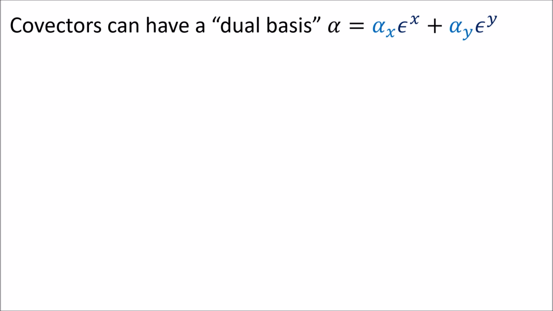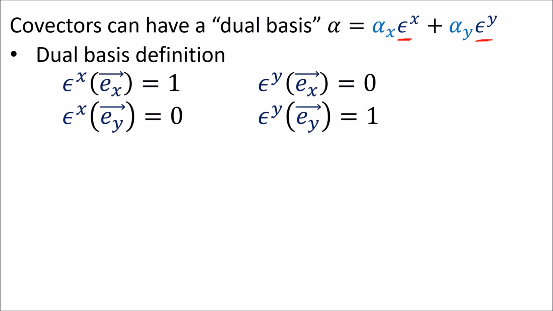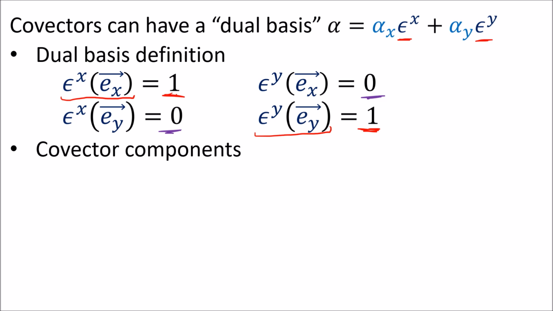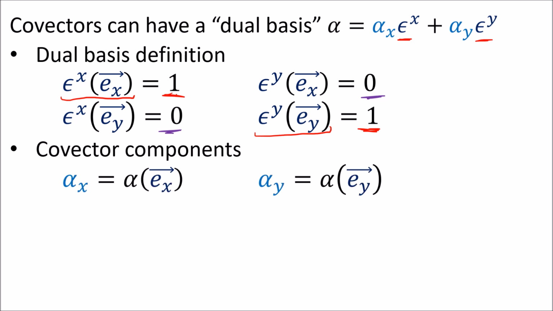Also, for any vector basis Ex and Ey, covectors have a dual basis given by epsilon x and epsilon y, and the dual basis is defined such that when an epsilon basis covector acts on its partner basis vector, we get 1, and if it acts on any other basis vector, we get 0. Also, the components of a covector are given by counting how many stack lines are pierced by the basis vectors.